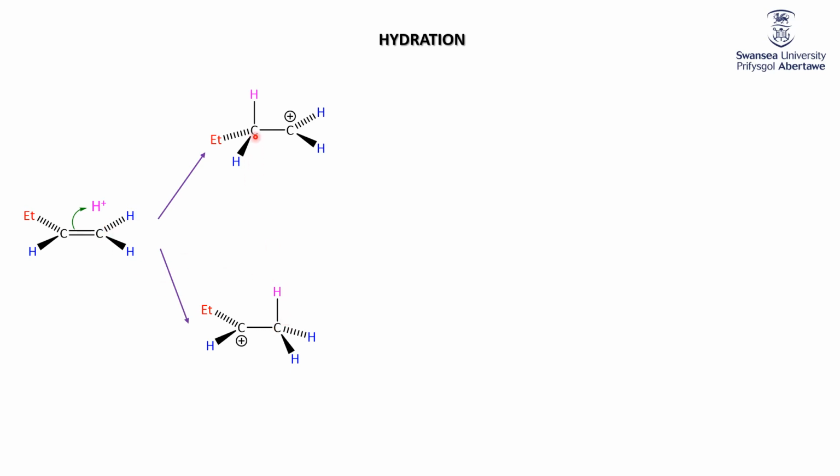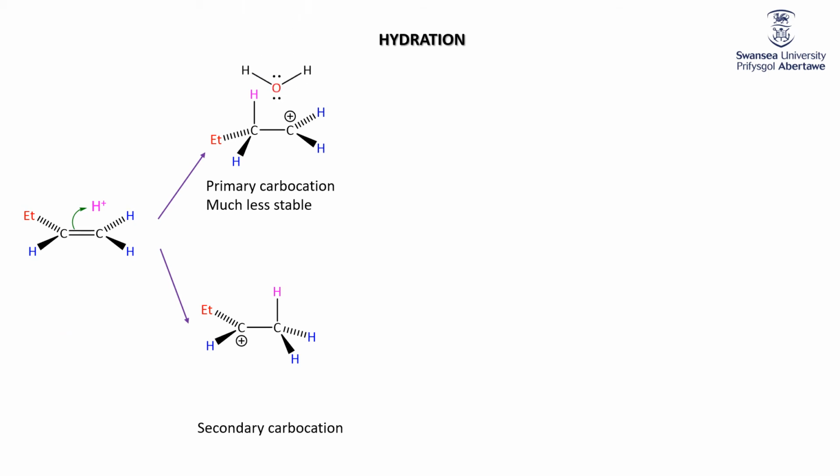Okay, if it moves on to carbon 2 here, well, then we've got a carbocation that is a primary carbocation, which is much less stable than what we see here, where the positive is on the secondary carbon. Okay, so two possible additions, one to the less substituted carbon, one to the more substituted carbon. If the hydrogen goes on to the less substituted carbon, then the more substituted has the carbocation, which is of course much nicer.